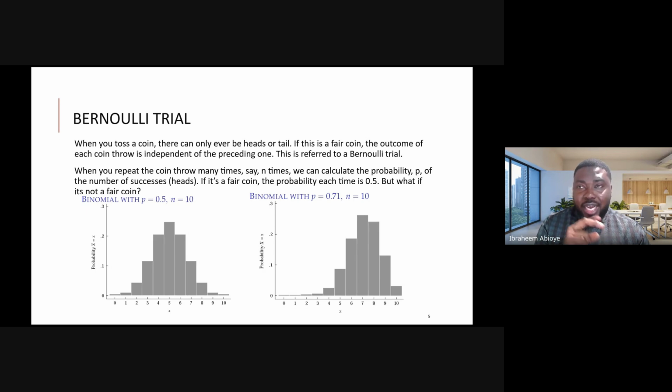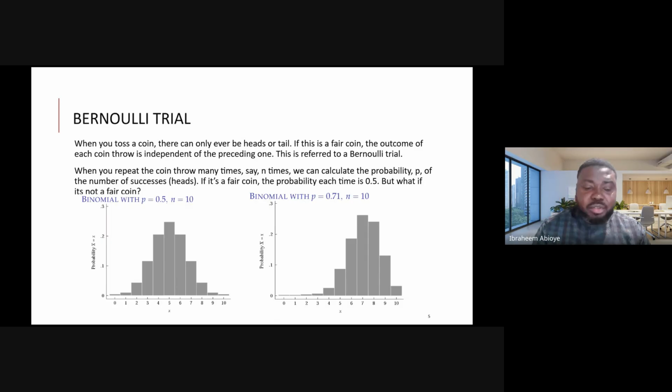The proportion of heads is 0.5: given that there are two options, it's 1 divided by 2, which is 0.5, assuming a fair coin.